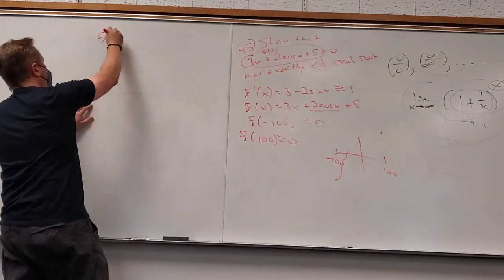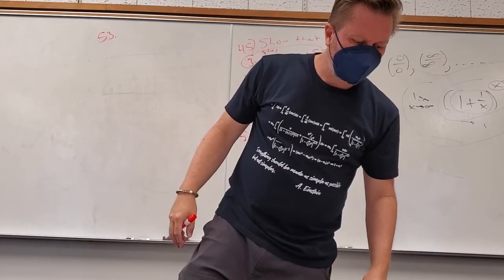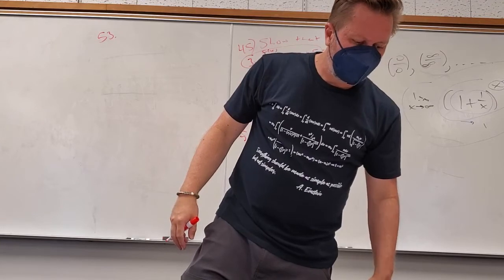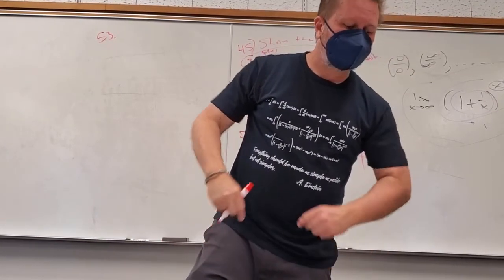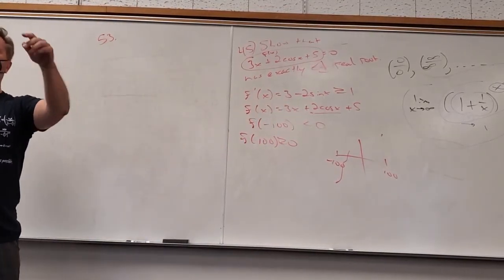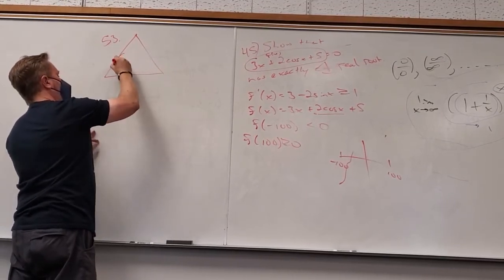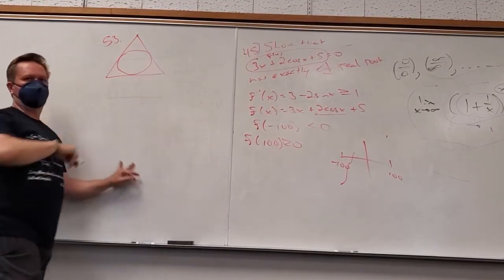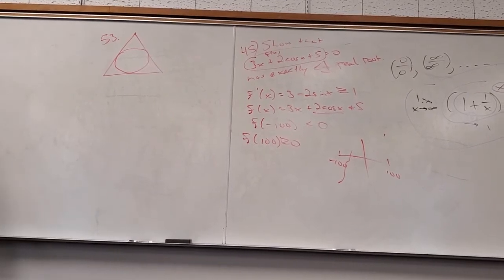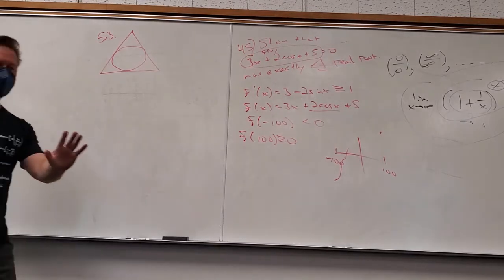So 53 says, find the smallest possible area of an isosceles triangle that is circumscribed about a circle of radius r. So, all right, what is this asking me?